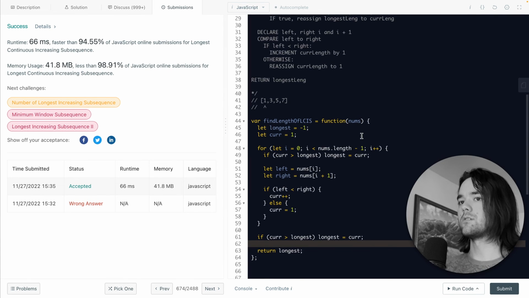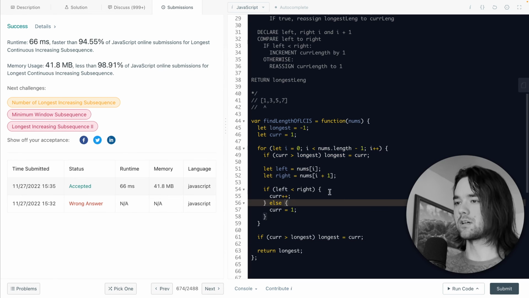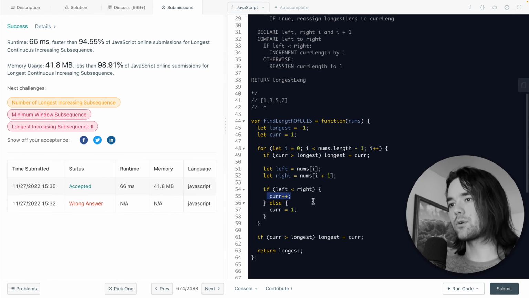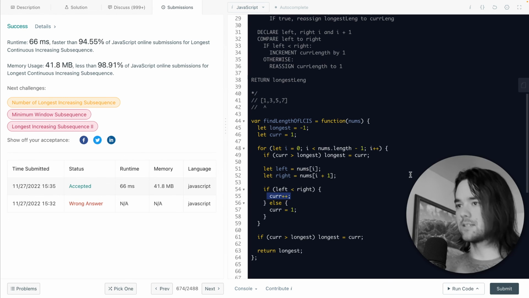So the problem was essentially my solution didn't account for a situation where they're all continuously increasing, and this was being checked before this operation on each iteration. So that's a problem.